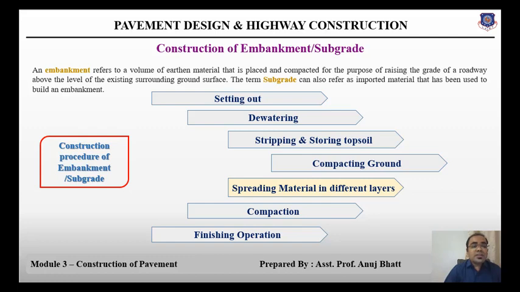Where water is required to be added, it shall be sprinkled from a water tanker fitted with a sprinkler uniformly on the surface but without flooding, and shall be mixed thoroughly in the soil by harrowing until uniform moisture content is obtained throughout the depth of the layer.